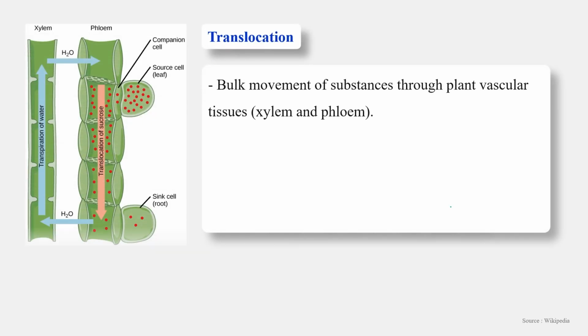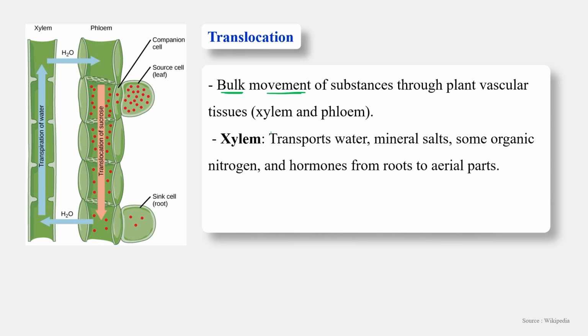So translocation. Translocation means movement of water and food particles or nutrients over a long distance, or we can say bulk movement of substances through the plant vascular system, in which xylem and phloem are the main parts. Xylem is used for the movement of water and mineral salts and some organic nitrogen and hormones from root to other parts.